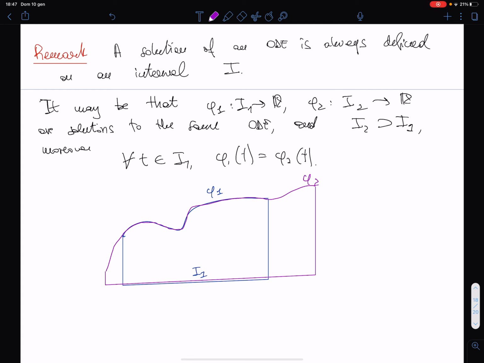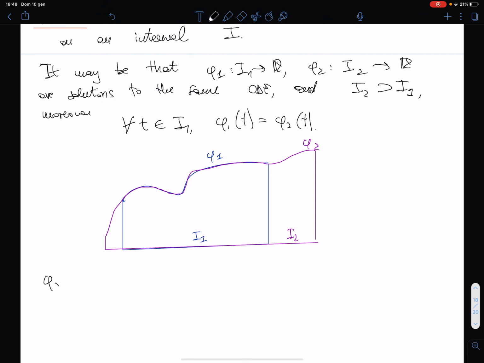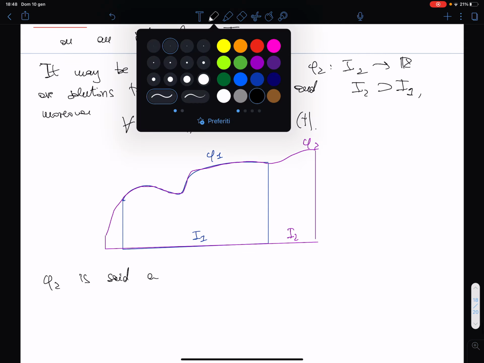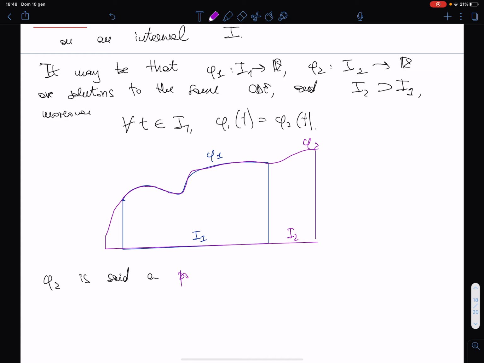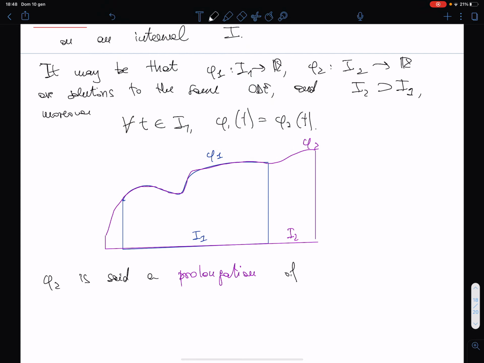In this case, phi 2 is said to be a prolongation of phi 1. Of course, by the definition we gave, once you have a solution, it is defined on an interval, but every restriction of this solution to a smaller interval is still a solution.